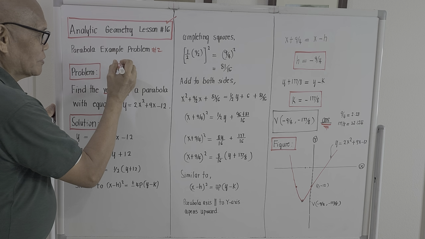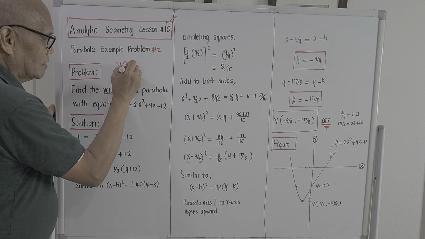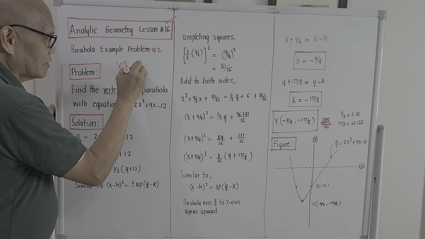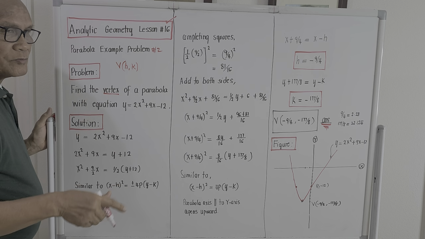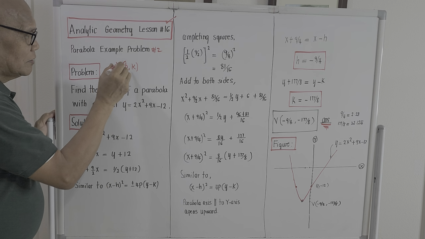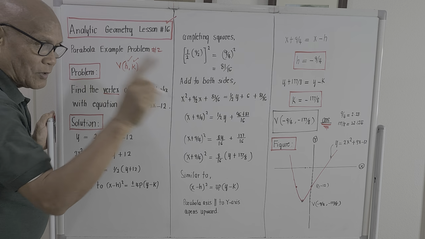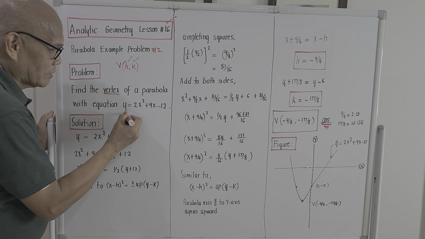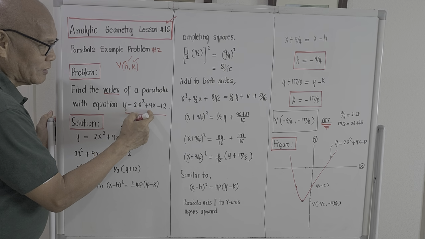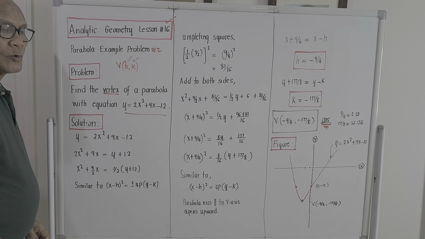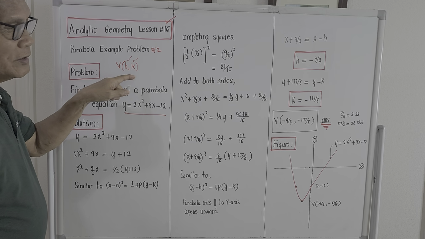So what is being asked here is just the vertex with the given coordinates h and k. The problem is just asking, we will specify the value of h and the value of k if that parabola is given by this equation here. Y equal to 2x squared plus 9x minus 12. What will be the location of the vertex? What is h and what is k?